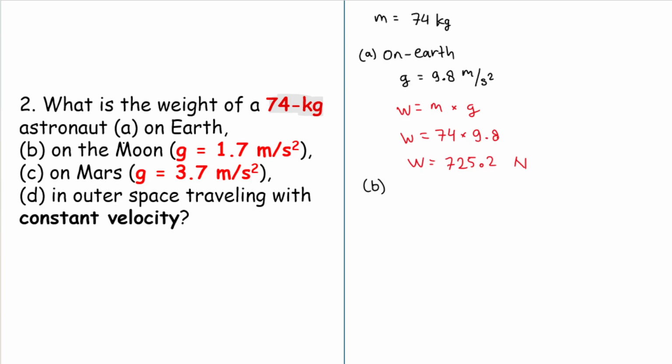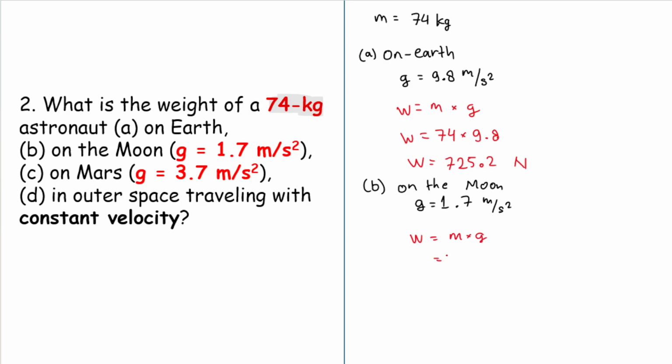We need to calculate the weight of the astronaut on the moon. We are given the gravity on the moon, g is equal to 1.7 meters per second squared. So the weight of the astronaut is the mass times gravity.